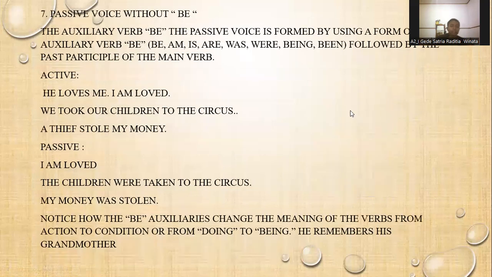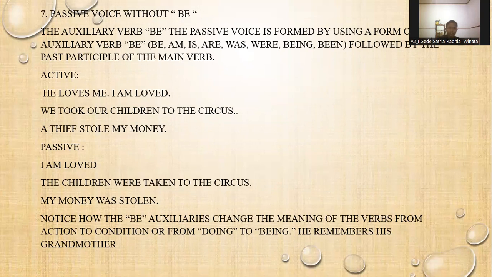The next material is the passive voice with the auxiliary verb be. The passive voice is formed by using a form of the auxiliary verb be, such as is, was, were, or been, followed by the past participle of the main verb. Active: He loves me. He took our children to the circus.